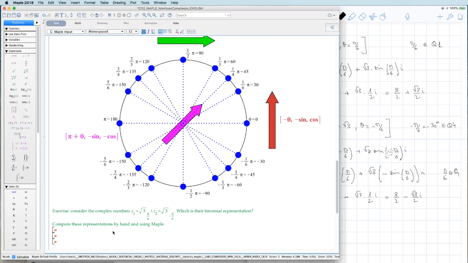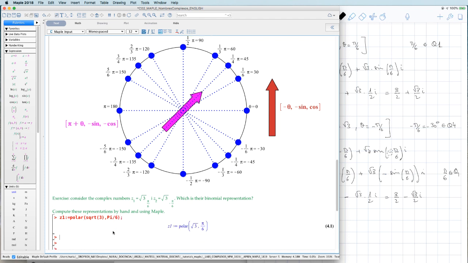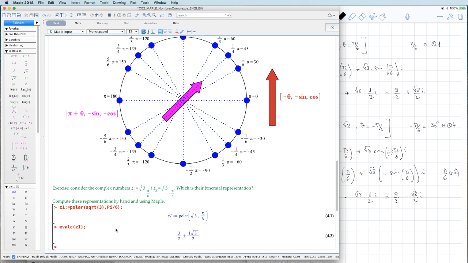Now I can do it using the polar form. This is going to be square root of 3 and pi over 6, and I can compute its binomial form just by using eval. This is what we got.